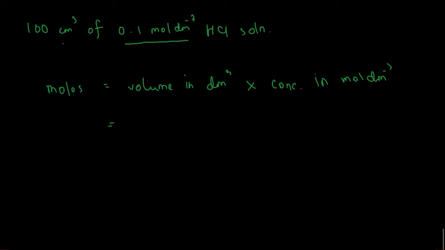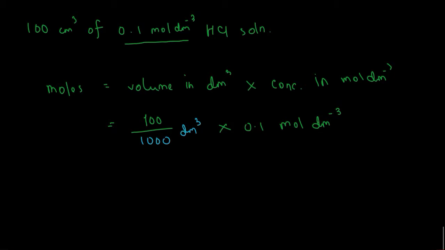So I have 100 cm cube. If I want to convert it into dm cube, I have to divide 100 by 1000. So my volume is going to be 100 divided by 1000, so this becomes dm cube, times my concentration, which was 0.1 mole per dm cube.